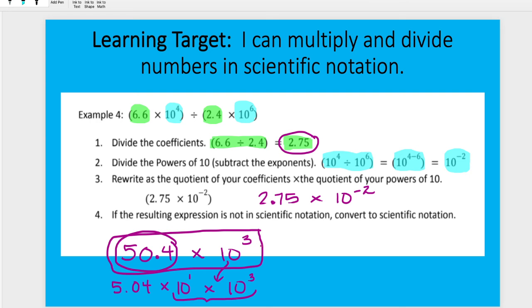So to convert this to scientific notation, my final answer would be 5.04 times 10, and remember I'm going to add the exponents because I am multiplying, so times 10 to the 4th power.